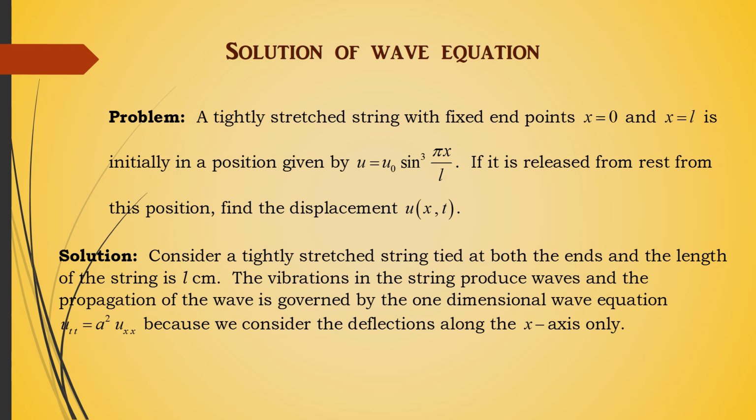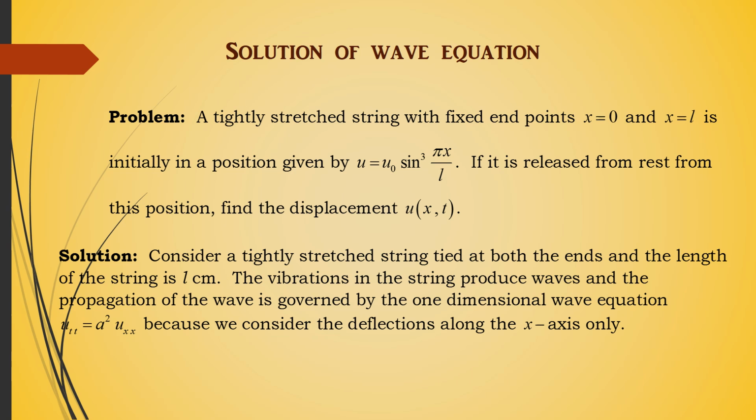Here we have to find the displacement of the wave or deflection of the wave denoted by u equals u of x comma t. Here the initial deflection at a time t equals 0 is given to be u equals u naught sine cube pi x by L. Under these conditions, we solve this vibrating string problem.